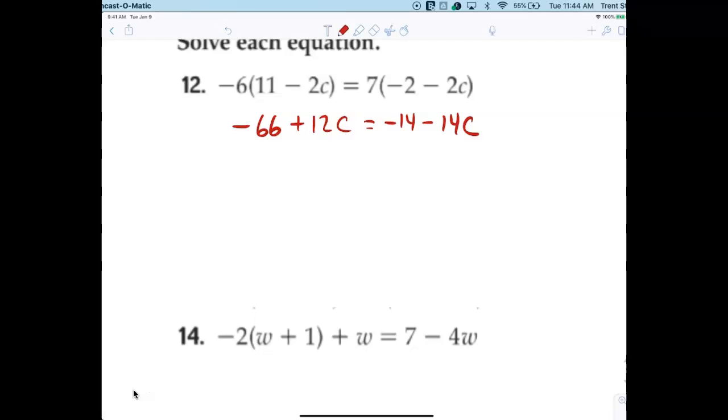So plus 14. So that would give me how many? You get negative 52 on the left. And then plus 14c, you get negative 2c. Now hold up. So you're almost right. So you're moving this over here, right? So how many would that give? Plus 14. Yep.